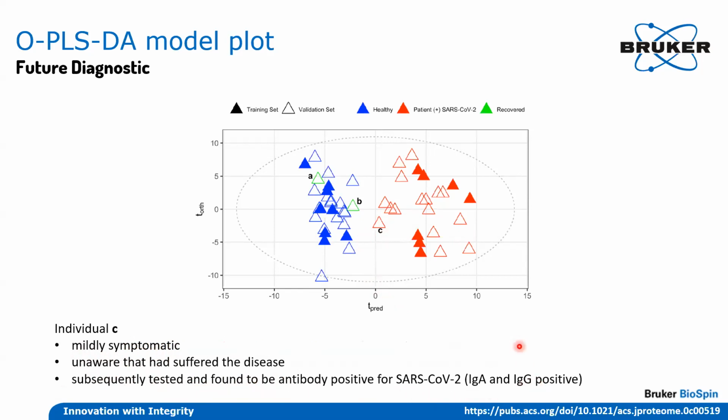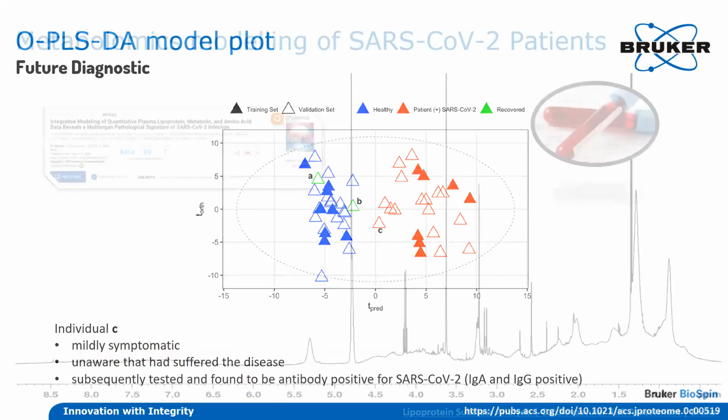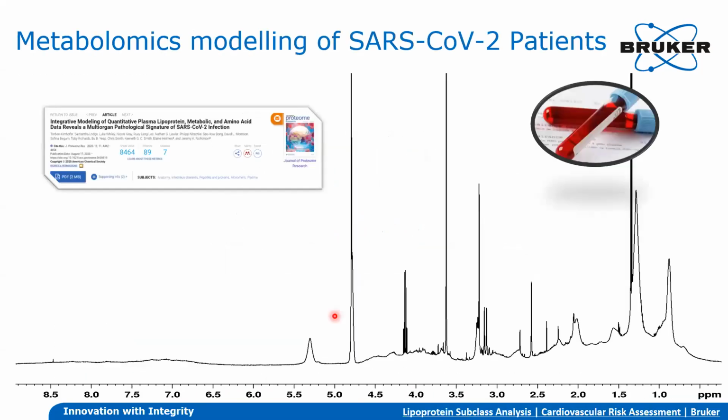So this concludes that the NMR can actually give the correct answer, even though this patient has very mild symptoms. So when you look into the result, now we can look into how we can differentiate between the healthy and the COVID-19 positive patients' samples from the NMR result.